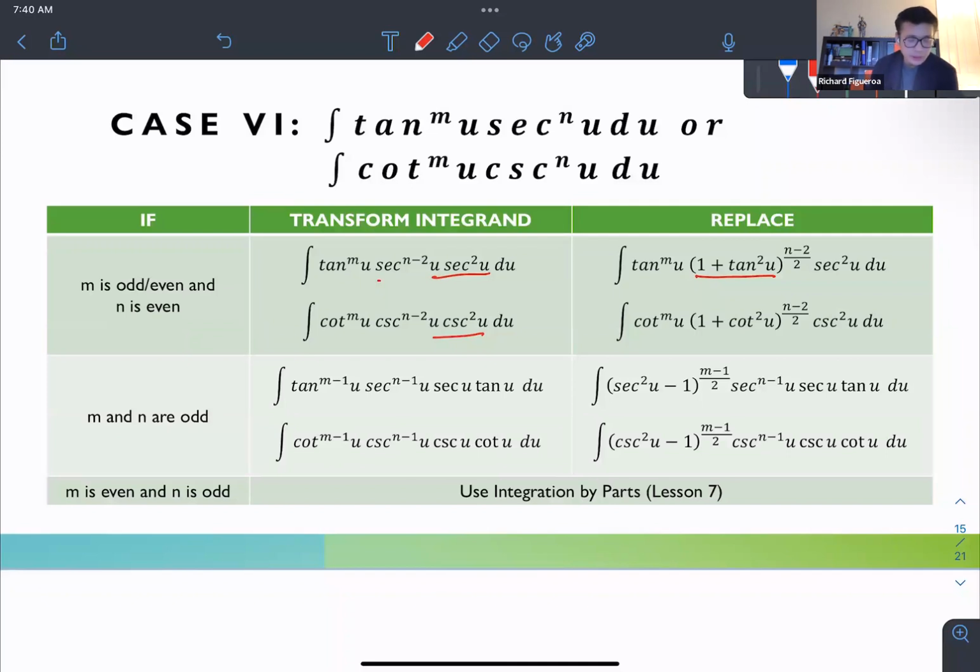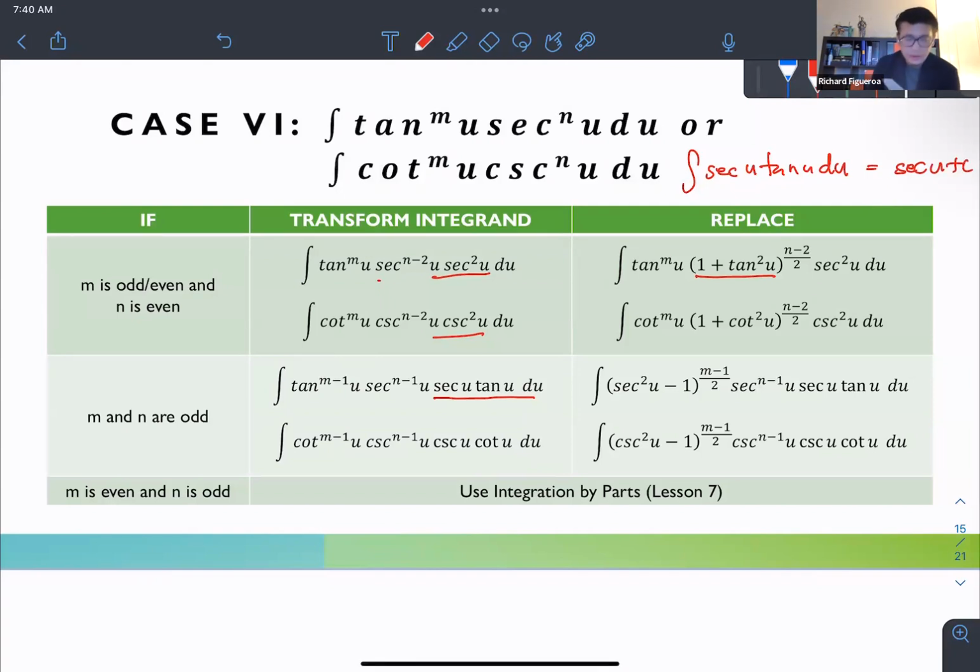The second one is when both m and n are odd. When m and n are odd, this time our derivative is secant u tangent u. Remember, the integral of secant u tangent u du is secant u plus c.